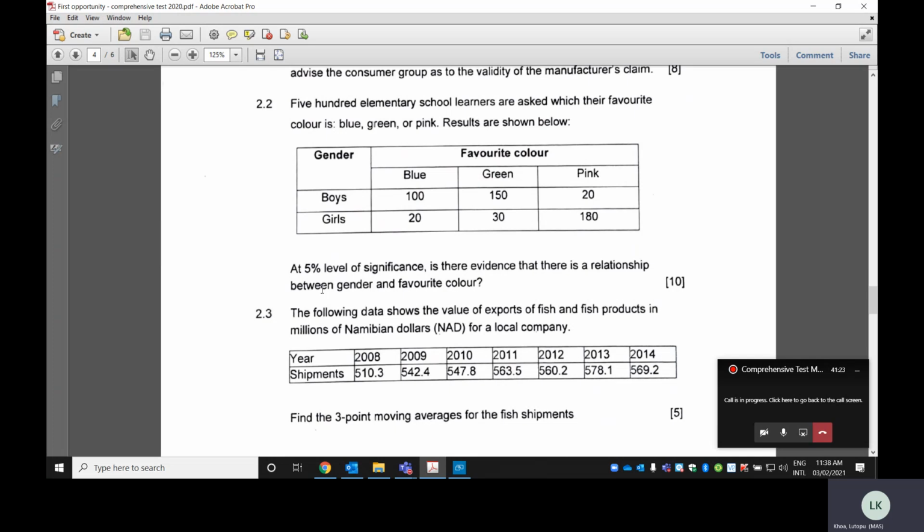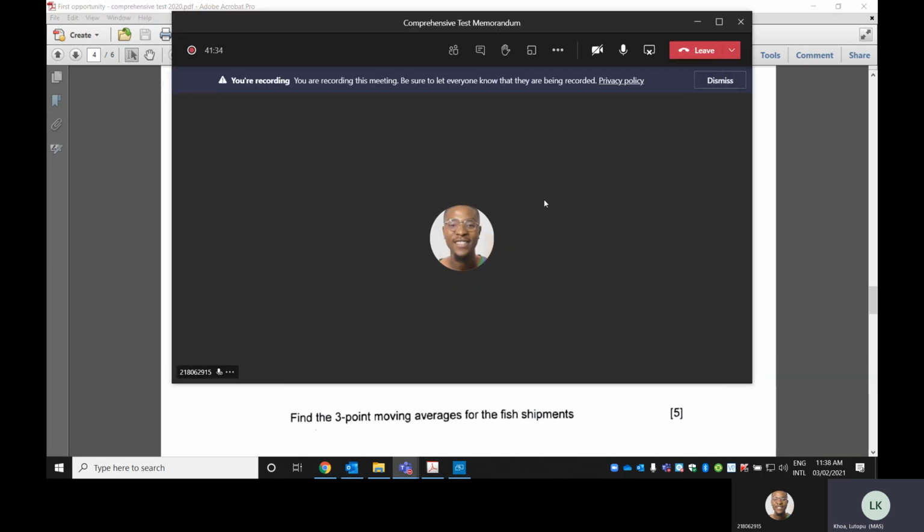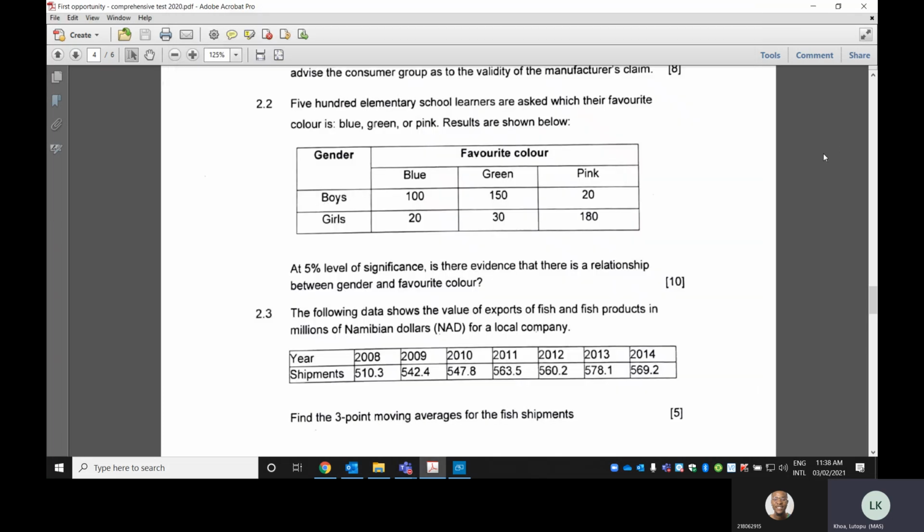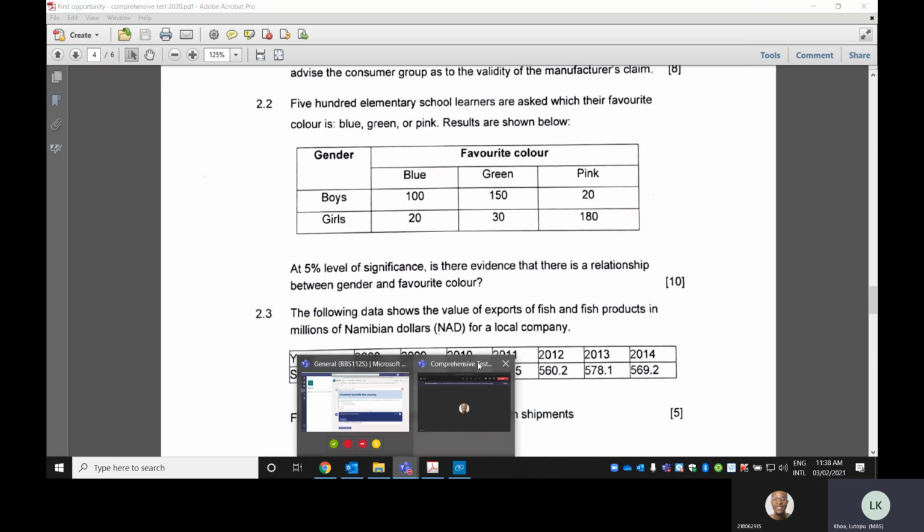So this is elementary school, maybe primary school and lower. Those children do have a preference. You'll see most of the girls are wearing pink.